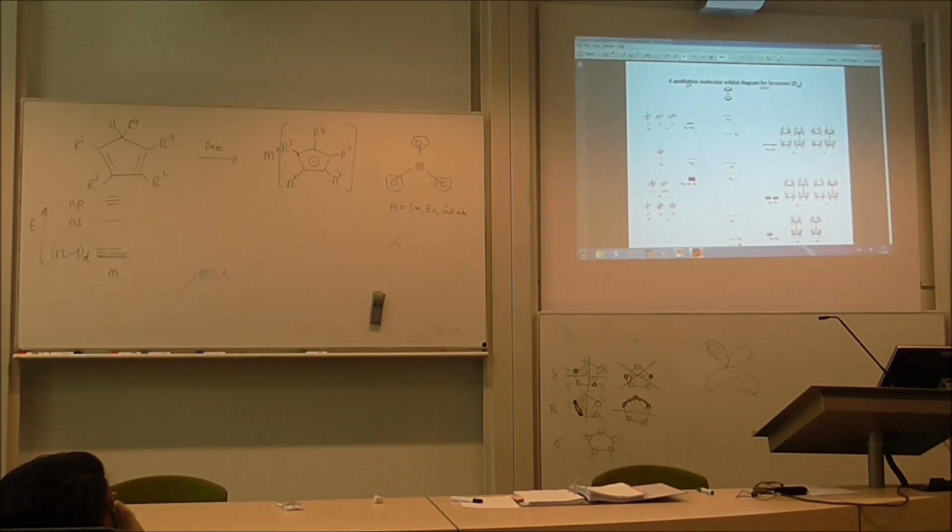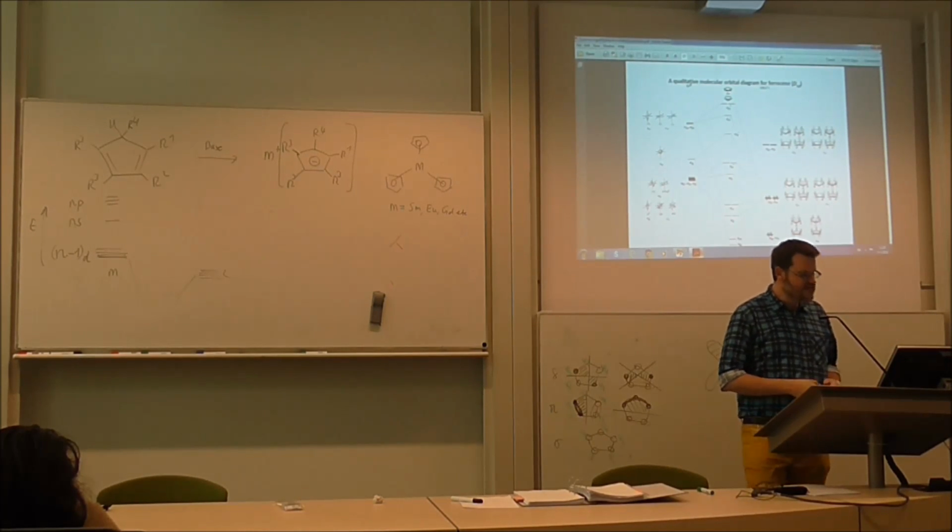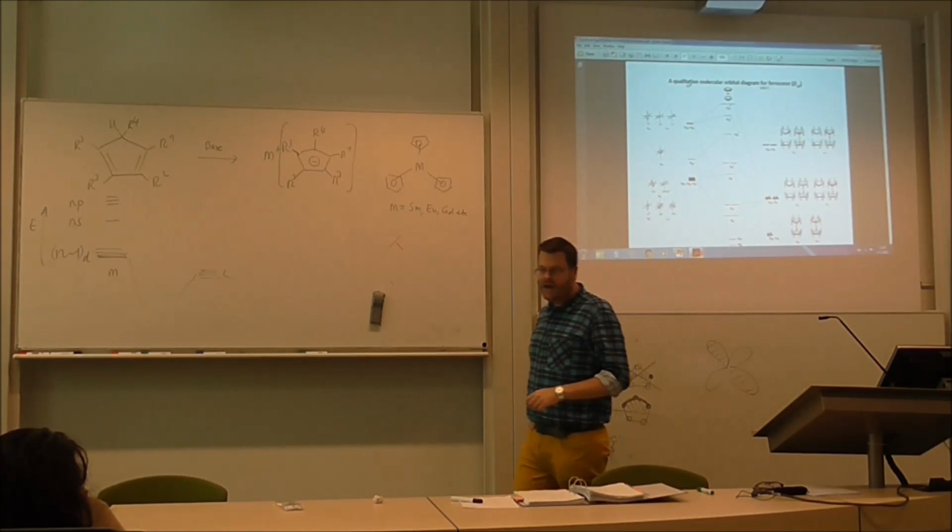So we're going to have a total of how many molecular orbitals? 8. 1, 2, 3, 4, plus the metal orbital of the appropriate symmetry, 5, 6, 7, 8. Now that's quite easy.